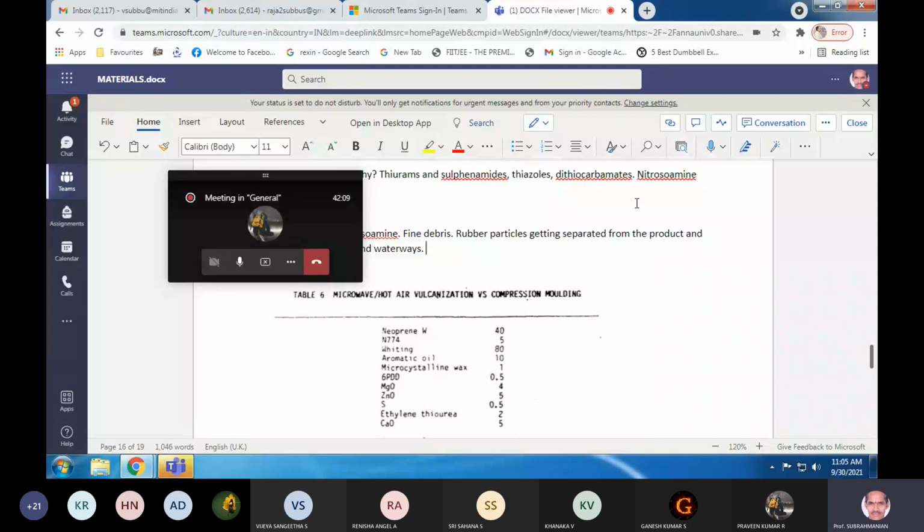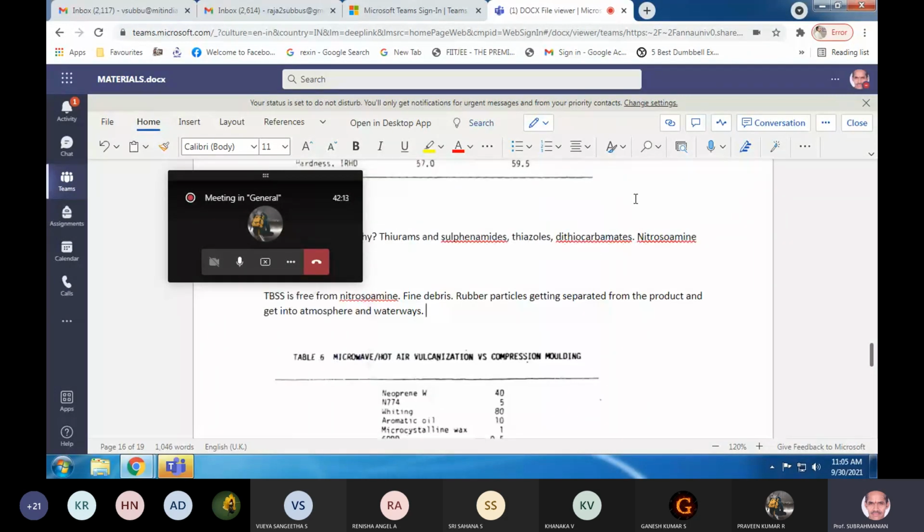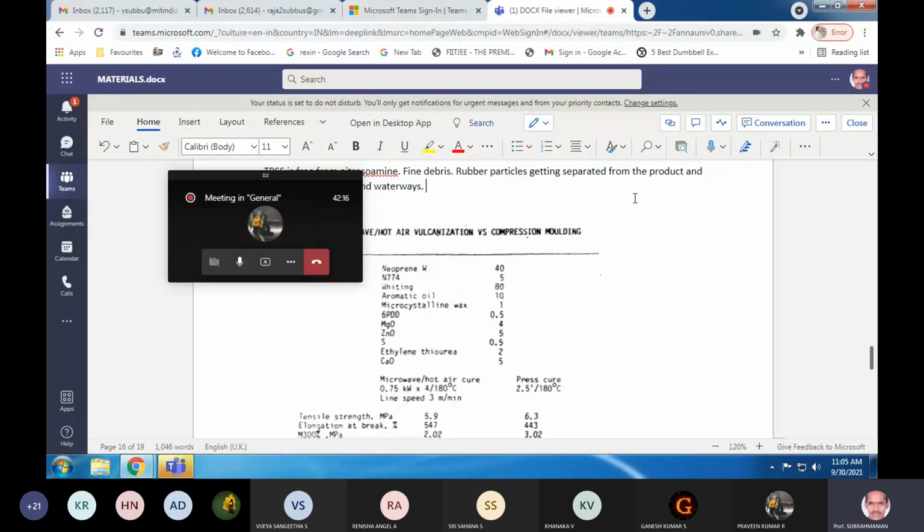All right. So, friends, look at this recipe in table 6. Very interesting. There are a couple of points we must take note of. One is that ethylene thiourea at 2 parts.